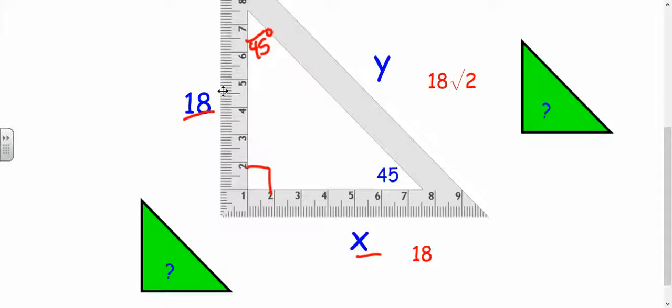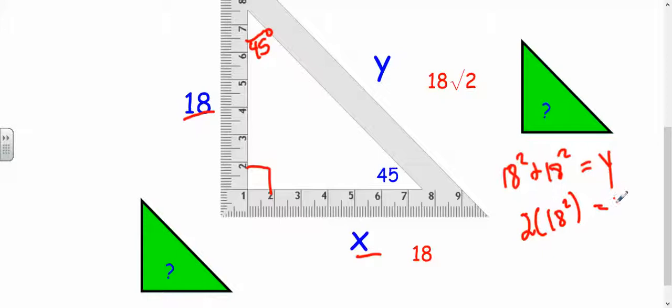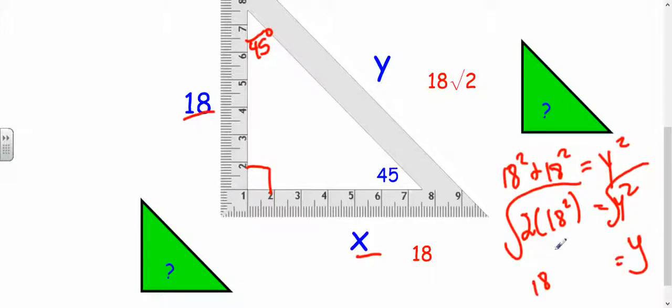So if you can see that, you can understand why knowing these relationships is so important, because otherwise you would have had to say, well, 18 squared plus 18 squared has to equal y squared. So now we have 2 times 18 squared equals y squared. If you take the square root of that, y equals 18, which comes out because it's got 2 of them, and the square root of 2 is left.